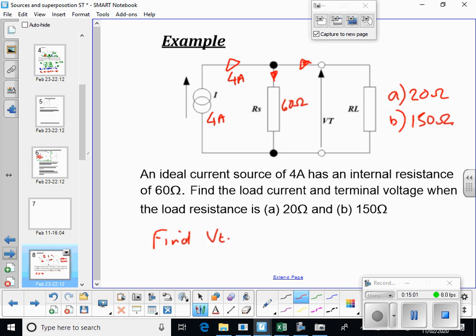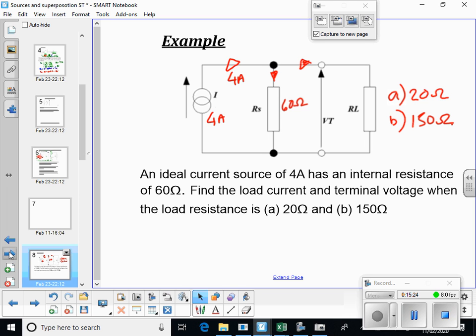We want to find Vt. The current passes through that parallel combination, doesn't it?